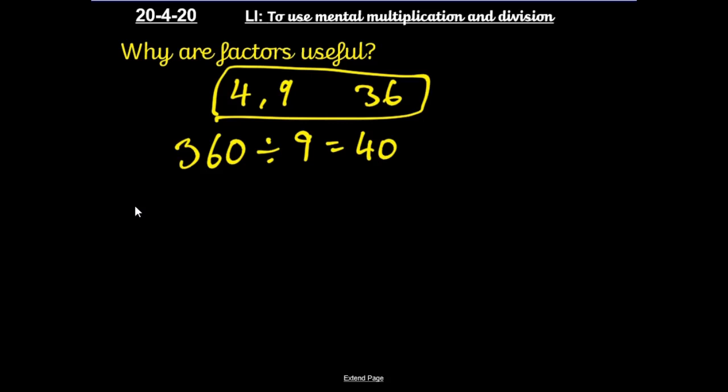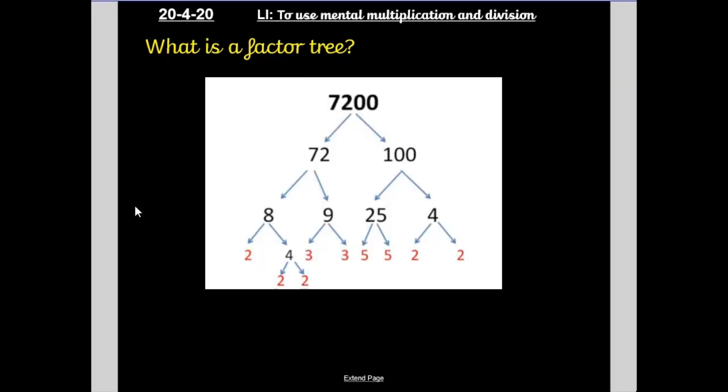So that is factors. Let's look at a factor tree. Now, this is a factor tree here, okay? The factors of 7,200. Well, one factor is 72, and then the other one would be 100, because 72 times 100 is 7,200. So what are the factors of 72?